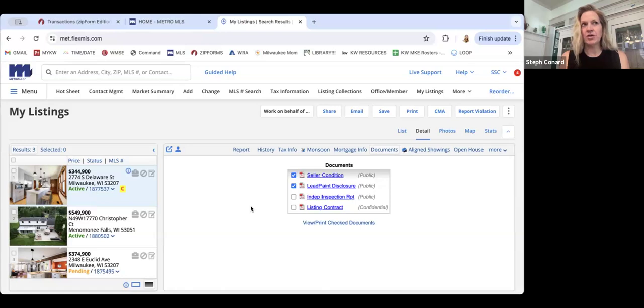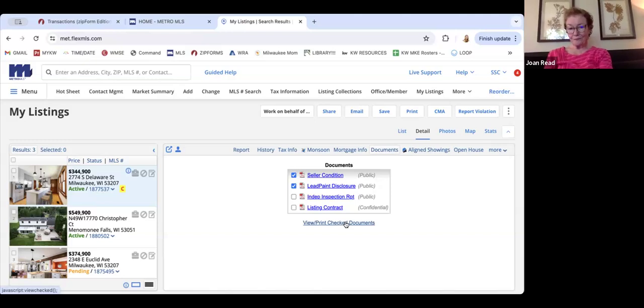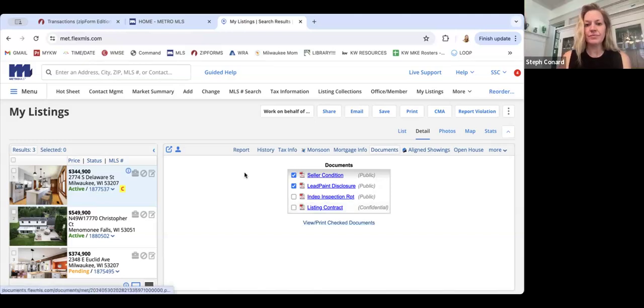That's also to help protect you, so that you can demonstrate and document that you provided what was available to the buyer at the time of writing the offer.